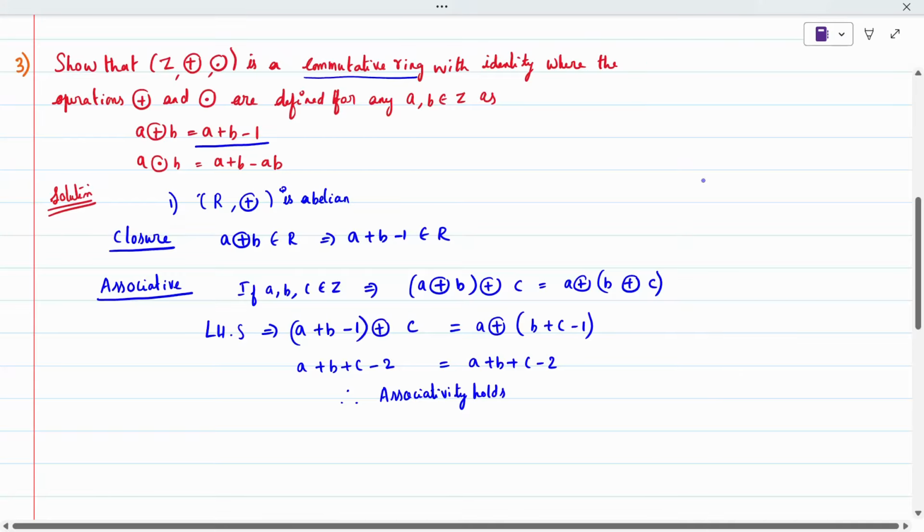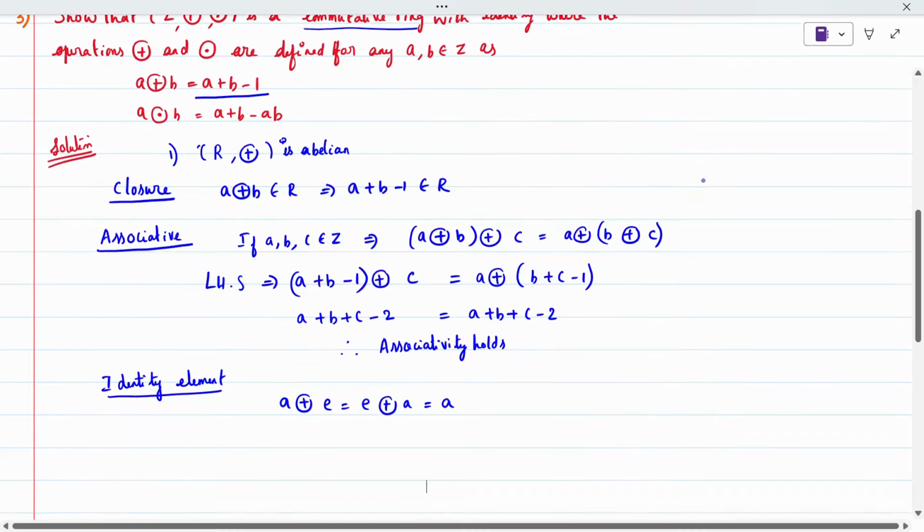The third condition is the identity element. What is the third condition? A plus E is nothing but E plus A is nothing but A. This is the common definition.